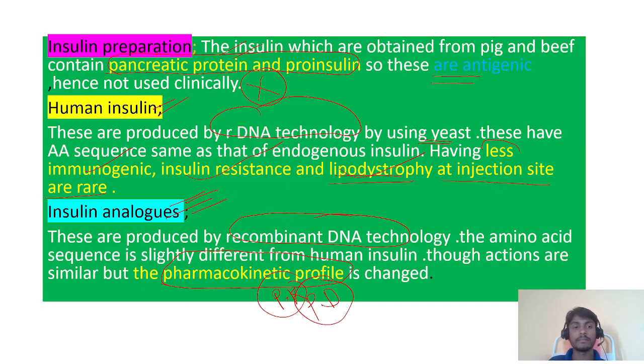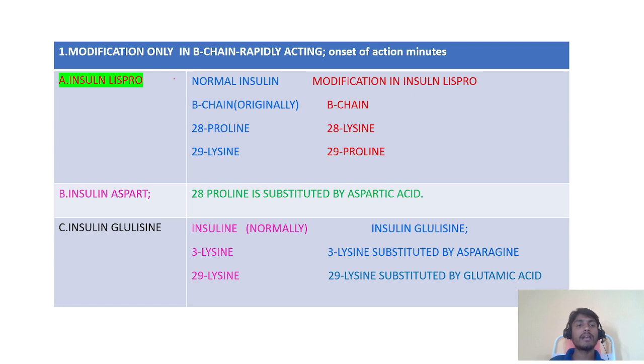Next, insulin analogs with modification only in the B chain. We have discussed that insulin contains A and B chains. Now we are modifying only the B chain, which may lead to rapid action with onset in minutes. Example is insulin lispro.